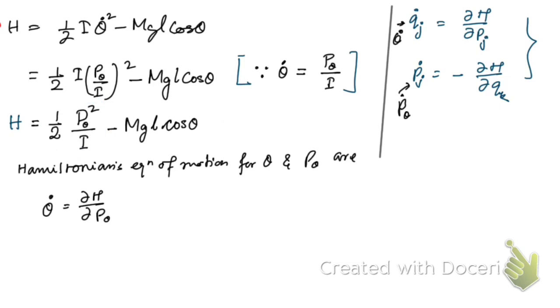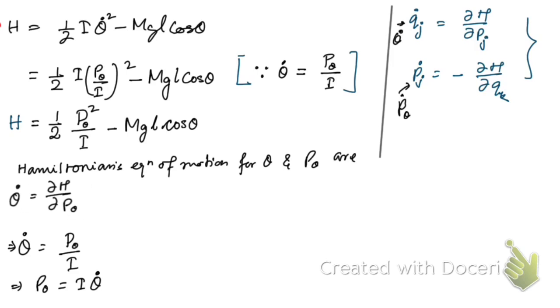So theta dot is equal to p_theta by I, and from here p_theta is equal to I theta dot.